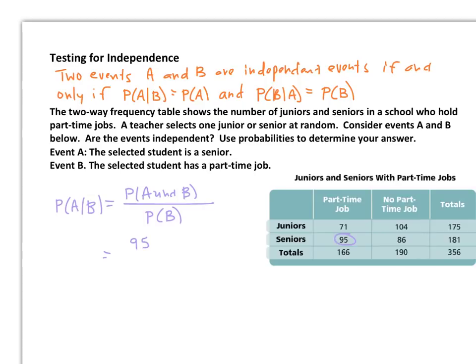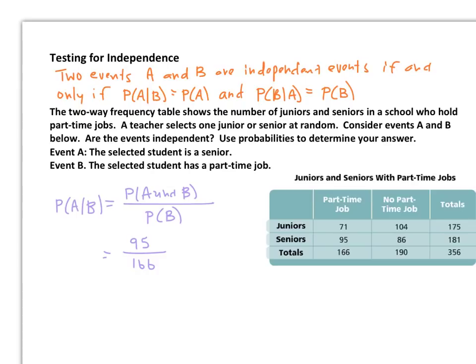Okay, and my event B, the selected student has a part-time job, so the probability that they have a part-time job, well, 166 have a part-time job. All right, so that is my first one right there. Probability of A given B is 95 out of 166.